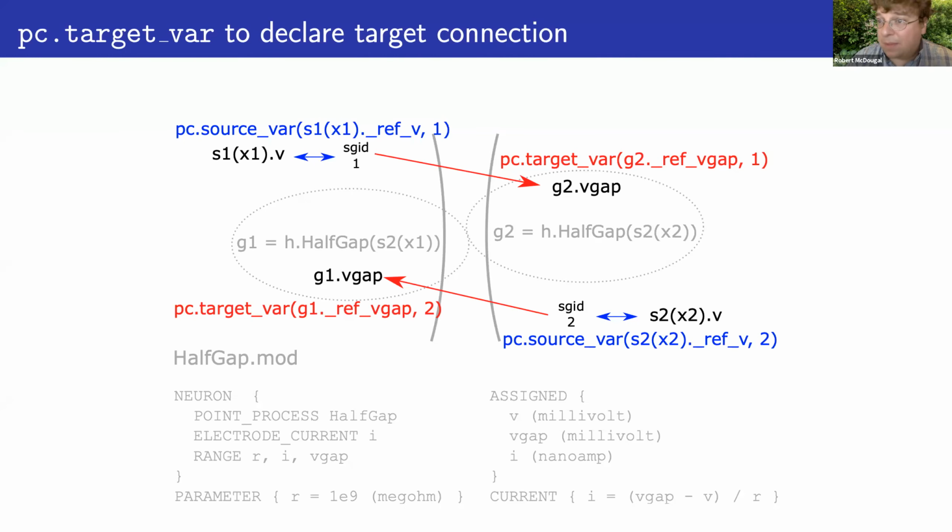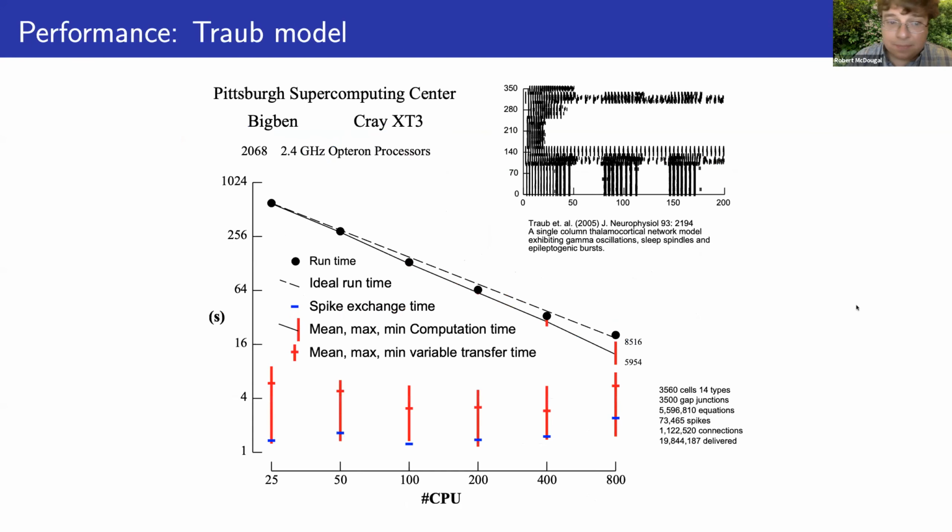But now the parallel context will be responsible for synchronizing the pointers. I should point out that, to the mod file code, they now become a range variable instead of a pointer. But that's it. And then we can take this and run the simulation, and with minimal changes, all of our regular MPI stuff works, and it's great.